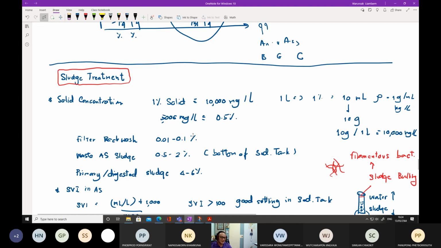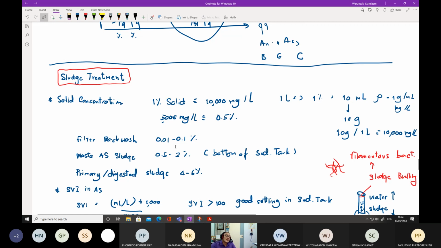So 0.1% means 1,000 milligrams per liter, right? It is equivalent like this because this is water, and the density of water is 1. But if you are talking about solids in other types of liquids, for example a more viscous liquid, the density is not 1. In that case, 1% is not equivalent to 10,000 milligrams per liter.